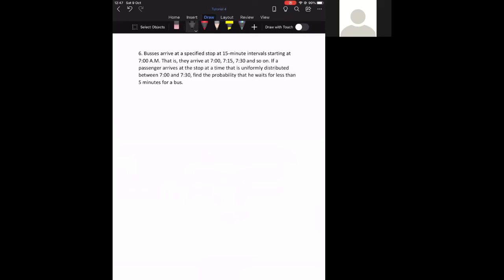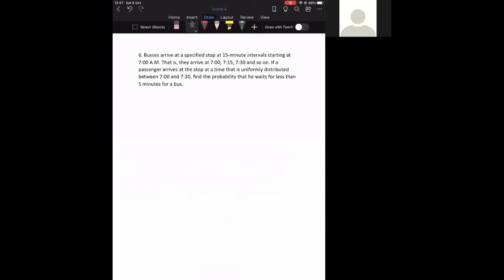We want specifically the probability that he waits for less than 5 minutes for a bus. When will that happen? Let's define a random variable first. Let X denote the minutes past 7 that the passenger arrives at the stop.